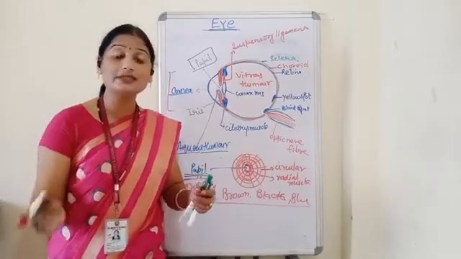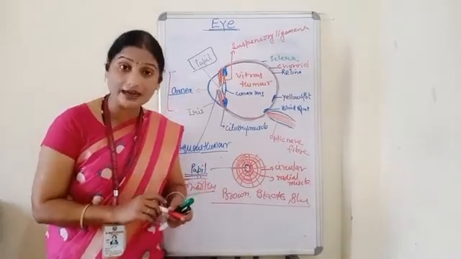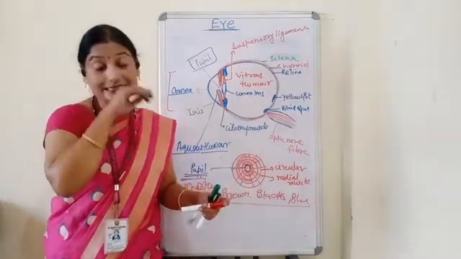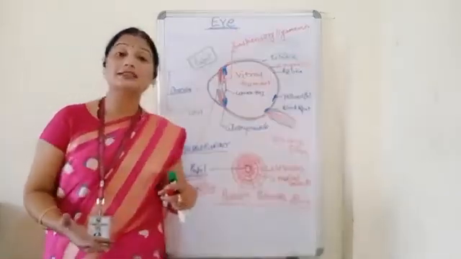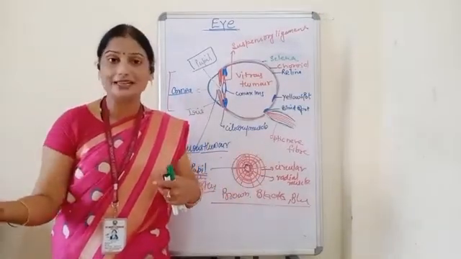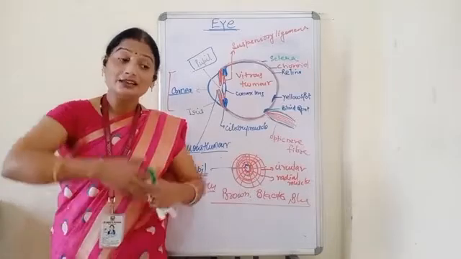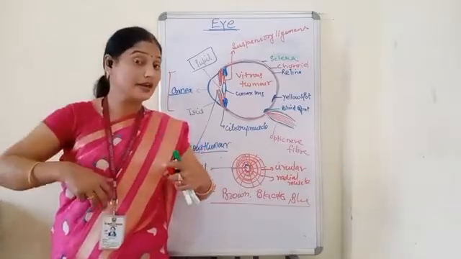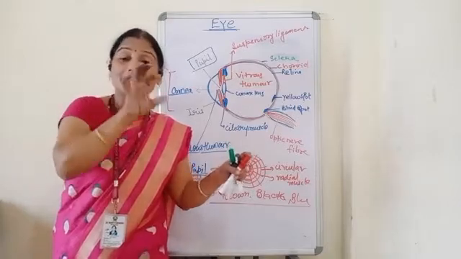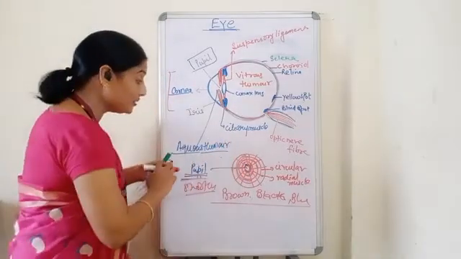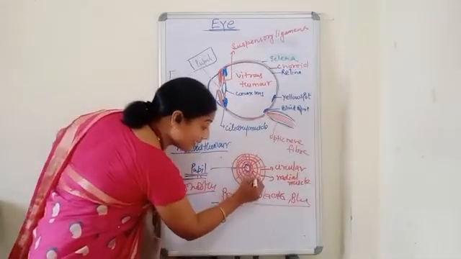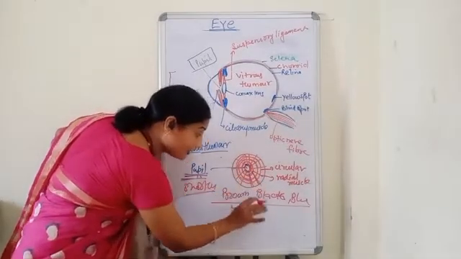But what happens when we move to dim light? When we enter into a dark room? Once again, children, if we enter into a dark room, we need more and more light so we can see the objects clearly. Just to let in more and more light, our pupil has to dilate. The pupil has to increase its size. And the pupil will increase its size when these radial muscles contract.